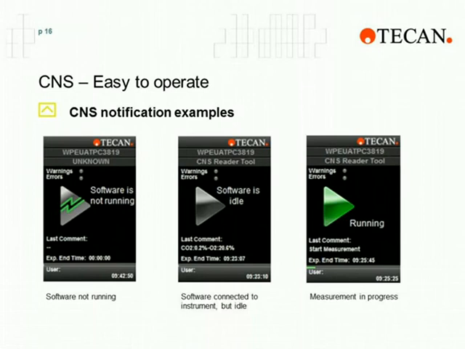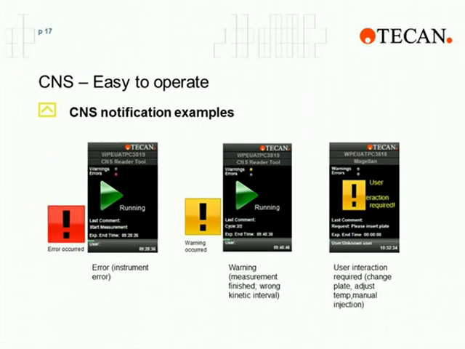Notification examples include if the software is running in general, if the software is connected to the reader but in idle mode, and of course if the measurement is in progress and running, as well as, as I mentioned, instrument errors and warnings, like if a measurement has not been finished or if you have set a wrong kinetic interval.